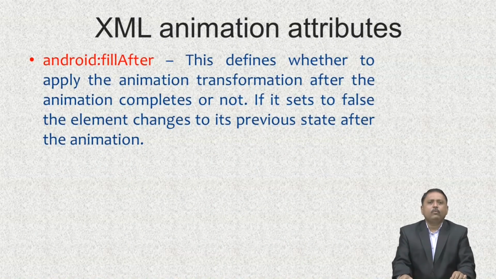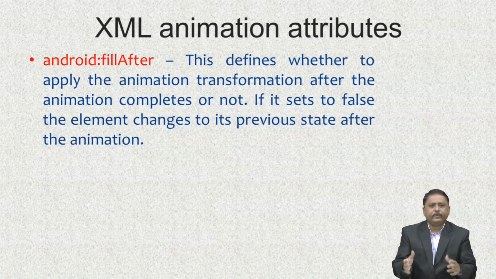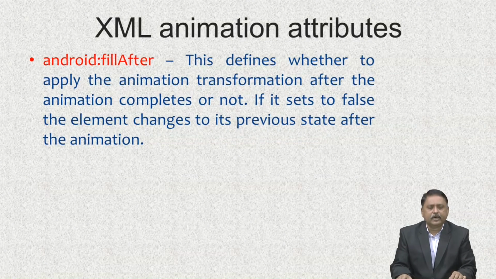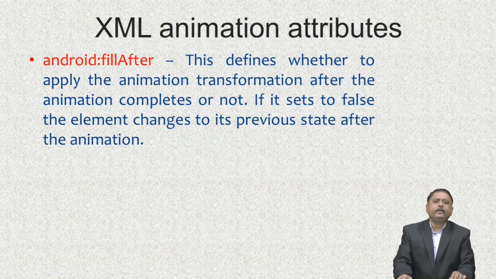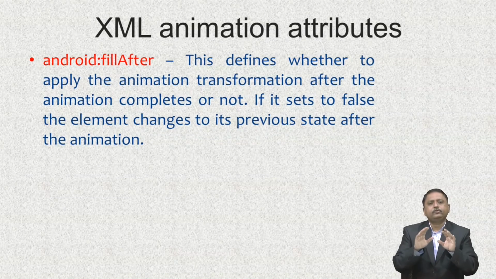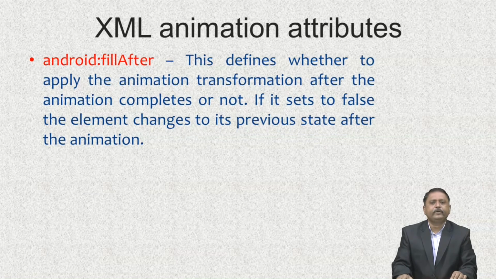Then we have android:fillAfter, which defines whether to apply the animation transformation after the animation completes or not. If it is set to false, the element changes to its previous state after the animation.